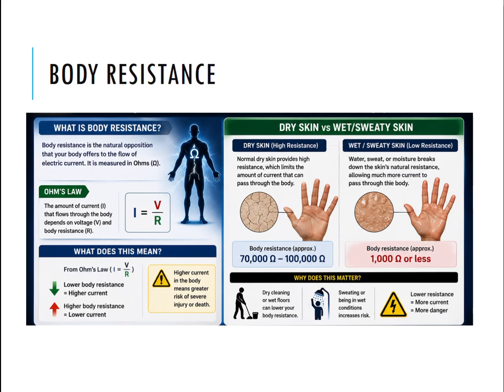And you can see from the Ohm's law equation on the left, current equals voltage divided by resistance. So the higher the resistance, the less current is going to flow, but the lower the resistance, the more current is definitely going to flow. So when your body resistance drops drastically, it increases the severity of an electric shock.